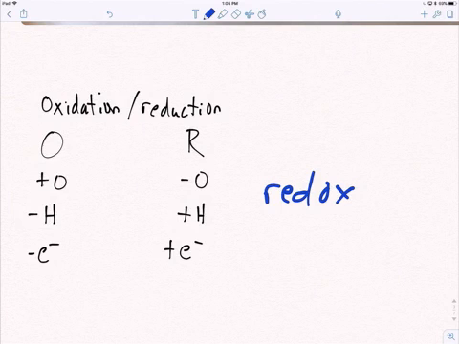The most general term for oxidation is removal of electrons. So I mentioned iron oxide. Iron reacts with oxygen. Oxygen takes the electrons away from iron, and now we have iron oxide.